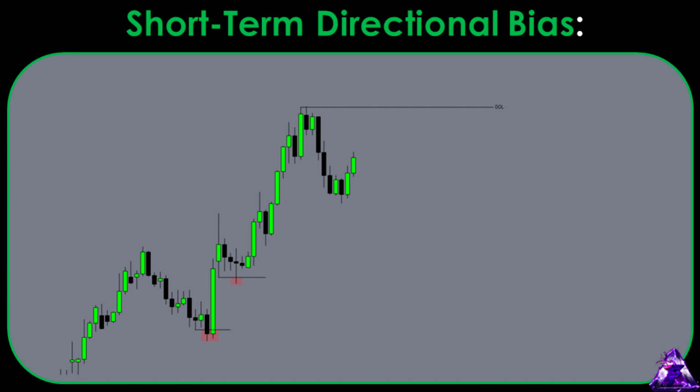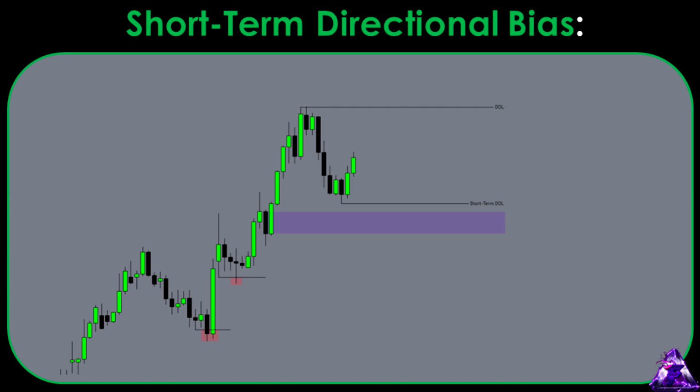So in this case, our main draw on liquidity or objective is the high that we are aiming to reach. This represents the typical draw on liquidity you're already familiar with. However, before price reaches that high, it has to form a retracement profile and then complete that profile before making a major move higher. Here, you can see that we have this low, and below it is an order block within the discount region.